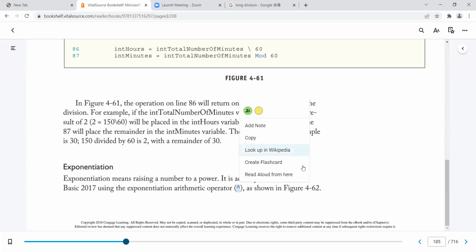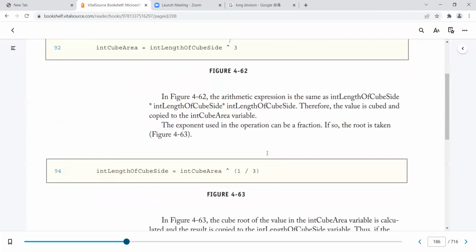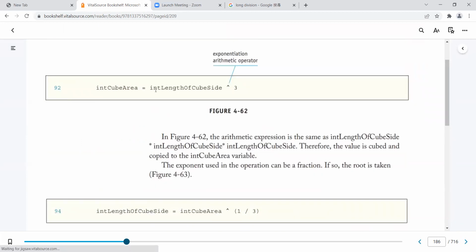So this symbol is only for VB. For example, int cubeArea equals int length cube, using this exponent symbol, a cube.